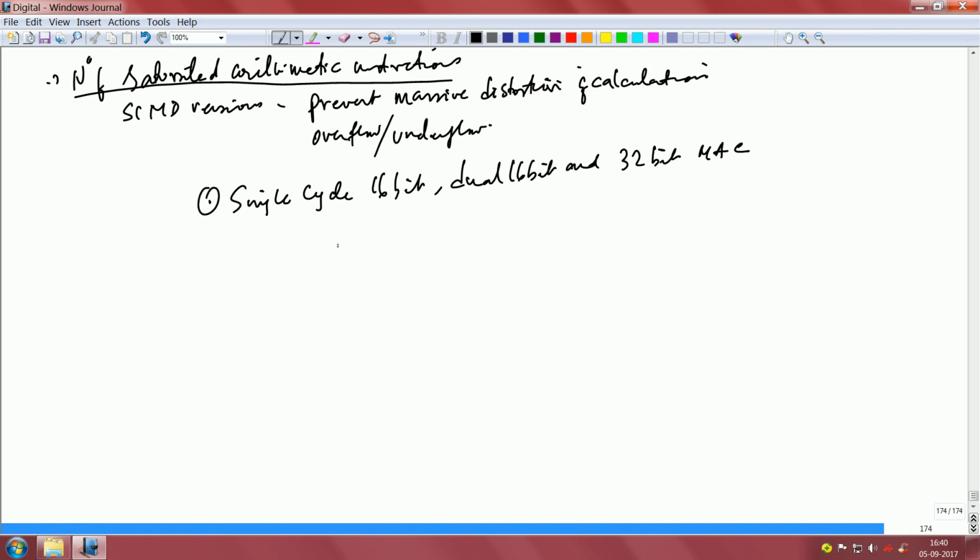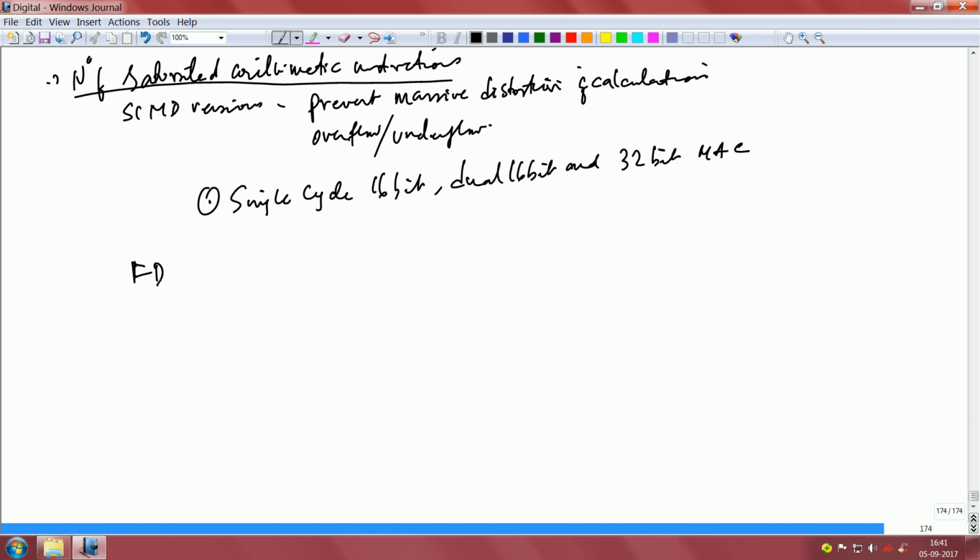Cortex has this MAC instruction. You can have many such options, multiplication of various combinations of upper and lower bits, SIMD versions of 16-bit MAC, single cycle is also possible in M4, okay. In M3 perhaps we will need multiple cycles, but in M4 you can do it in a single cycle.